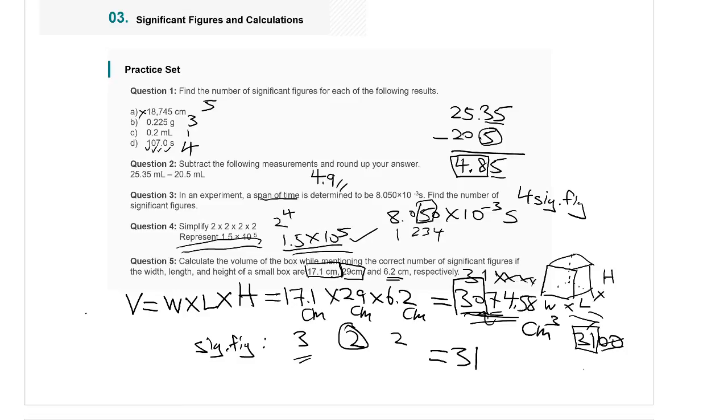Because 1,000 is 10 to the power of 3, we have 3.1 times 10 to the power of 3 centimeter cube. This is a much better representation of the significant figures and also the amount of information retained in our answers.